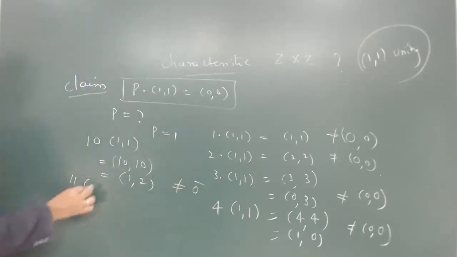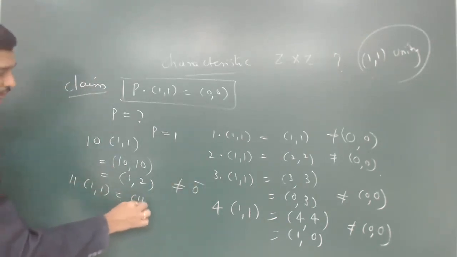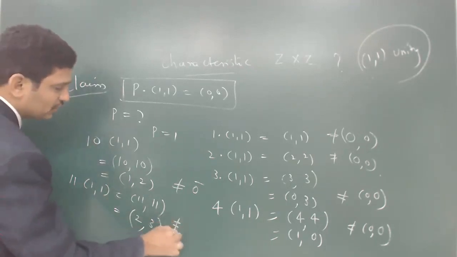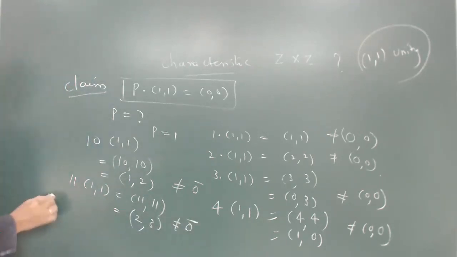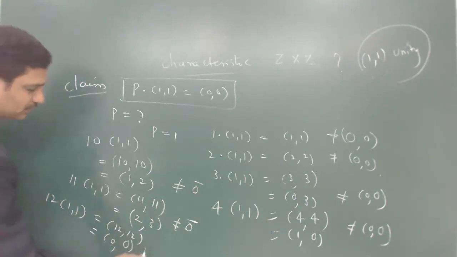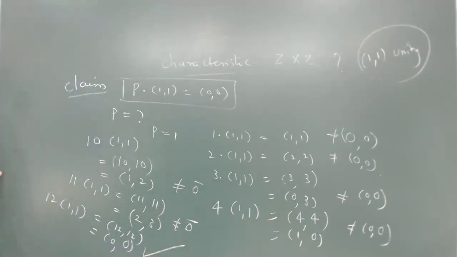If you take 11, under modulo 3 and modulo 4 it is (2, 3), not equal to 0. If you take 12, it is (12, 12), and applying the modulo operation, it is (0, 0).